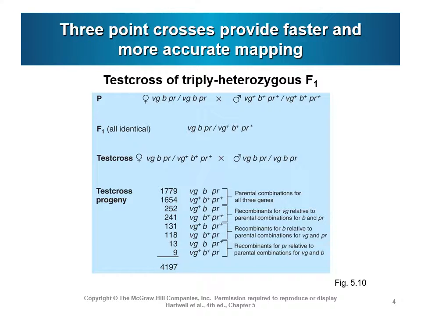And the least amount of progeny we are seeing are VG B PR plus and VG plus B plus PR, which are the recombinations for PR relative to parental combinations for VG and B.